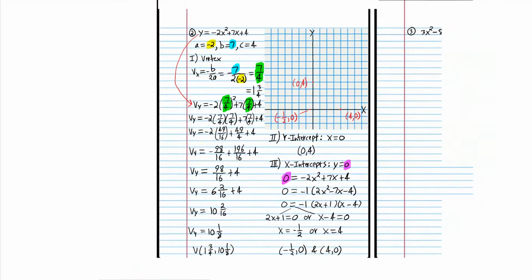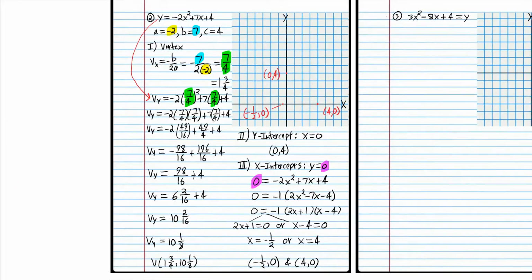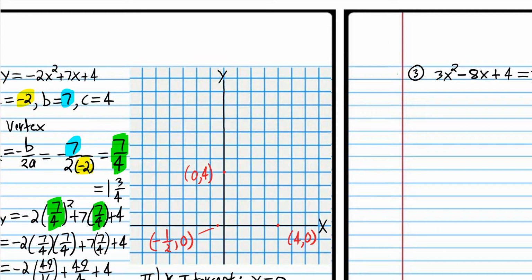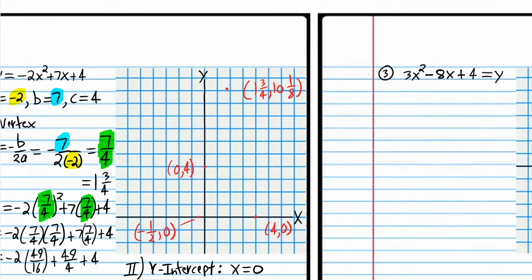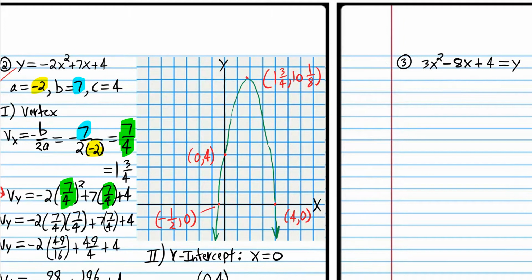And the vertex is 1 3/4 and 10 1/8. So 1 3/4 and 10 1/8 is going to be, I believe, about up here. Somewhere around there. 1, 2, 3, 4, 5, 6, 7, 8, 9, 10. So let's go ahead and show that. We have 1 3/4 and 10 1/8. Alright, now we just have to connect the dots and draw the line of symmetry.